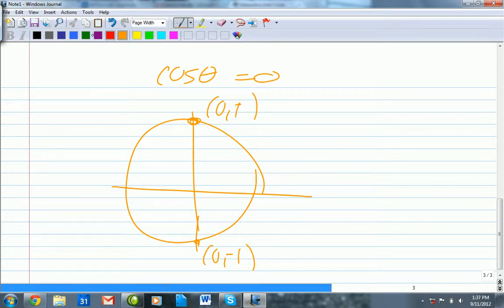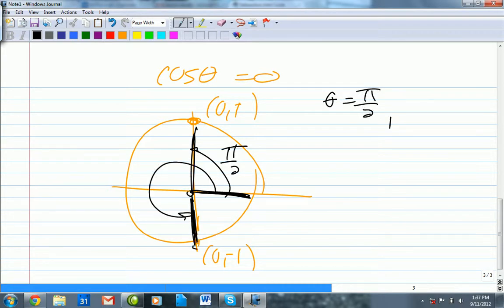Of course, if we start here, resting peacefully on the x-axis of the unit circle, that's 90 degrees or pi over 2 radians. Get around here, that's 3/4 of a turn, or 270 degrees, or 3 pi over 2 radians, dot, dot, dot. Okay, so those are the zeros of cosine and sine.